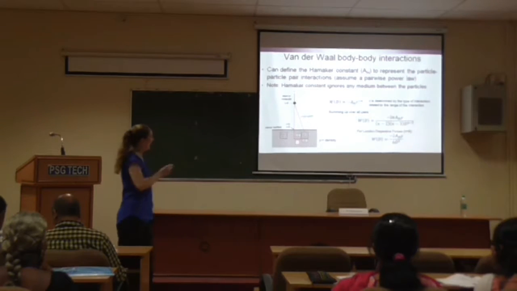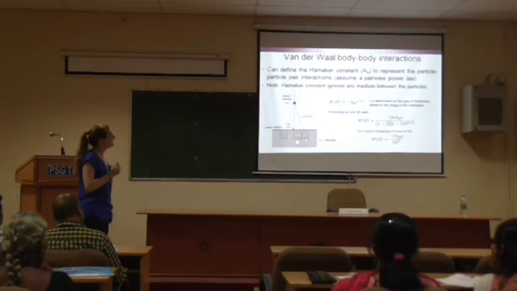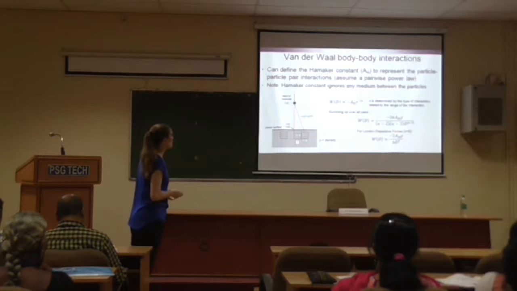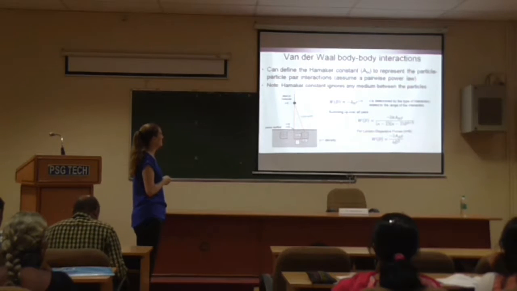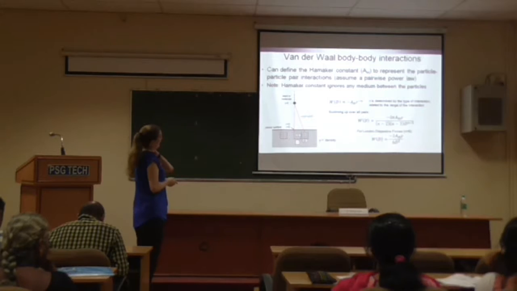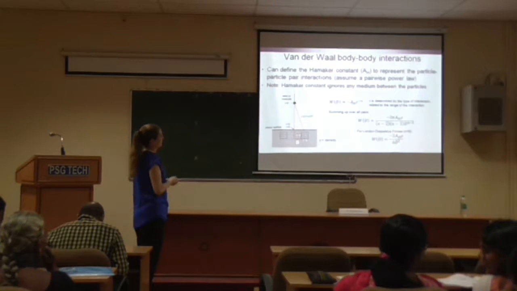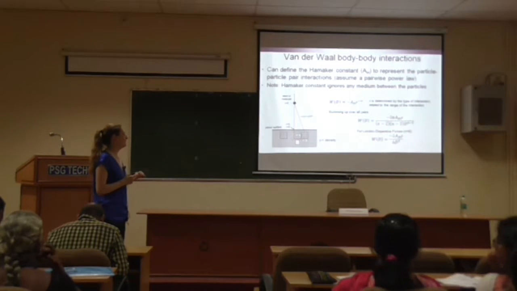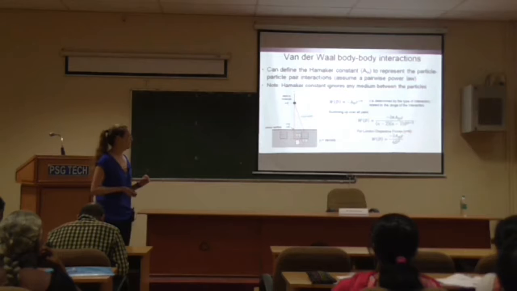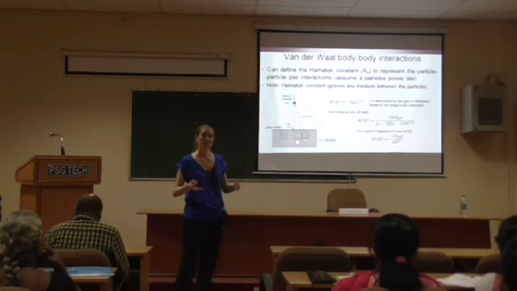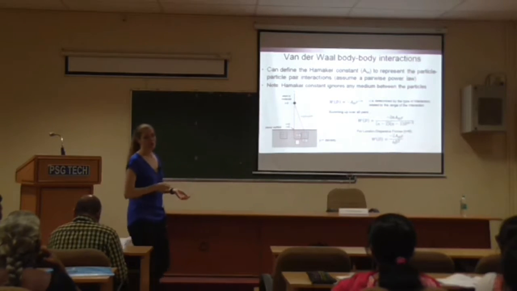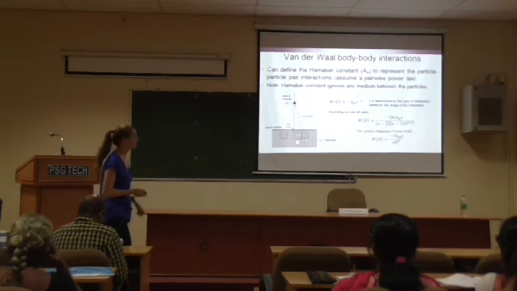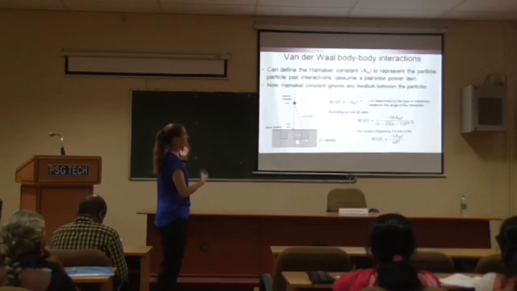Here is some math to show you that that's true. If you're modeling van der Waals interactions in your system, it's usually done with a power law, and you define what's called a Hamaker constant. The Hamaker constant represents particle-particle pair interactions, so you can look up in a table what the Hamaker constant is for different types of atom pairs or material interactions.